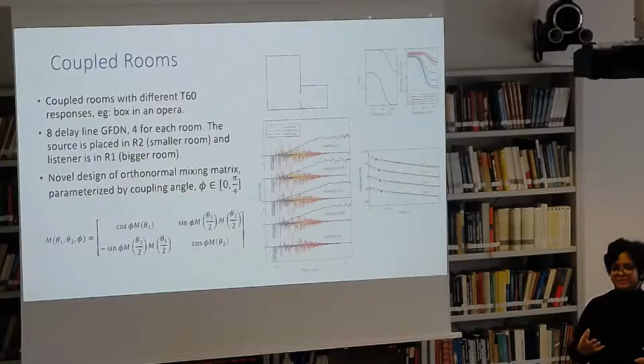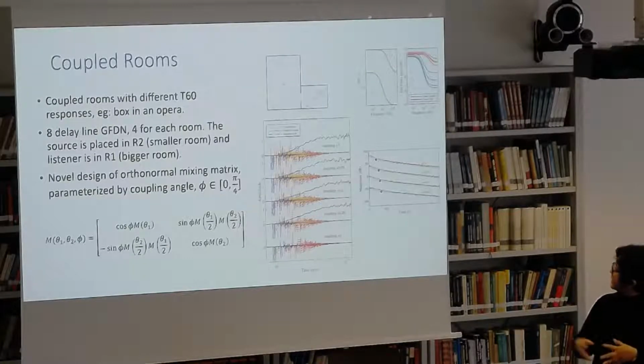A usual complaint with FDN reverberators is that the echo density rises too slowly. So ideally, we want the echo density to rise as fast as possible to a value from 0 to 1. And we see that as we increase the coupling, the rise in the echo density increases. That's desirable, but it's also indicative of more coupling among the 2 rooms, because sound mixes faster between the 2 rooms.